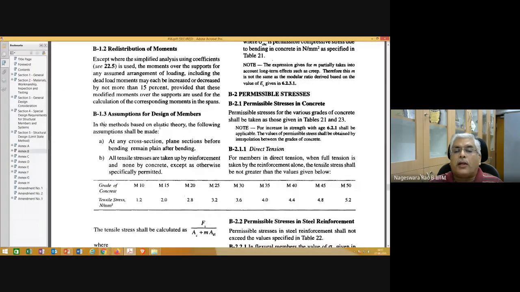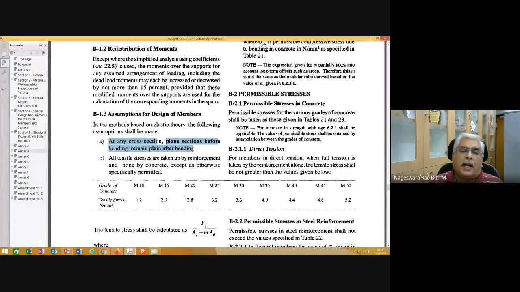In the methods based on elastic theory, the working stress method is based on that. The following assumptions shall be made. At any cross section, plane sections before bending remain plane after bending. Whether it is the working stress method or the limit state method, this assumption is going to be there. The implication is that strain distribution is linear across the depth of the section, and this is valid only when there is a perfect bond between steel and concrete.